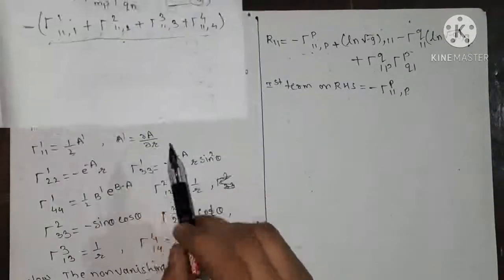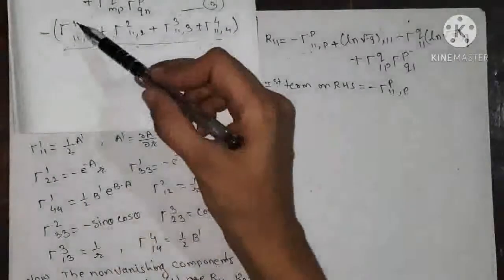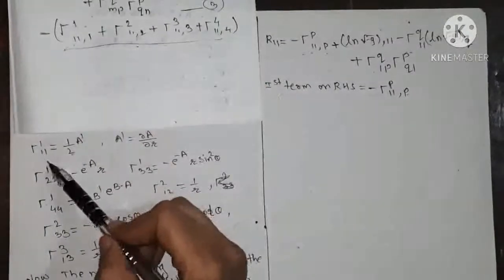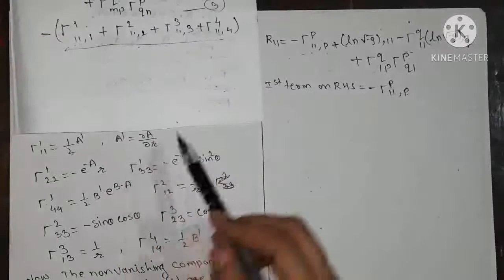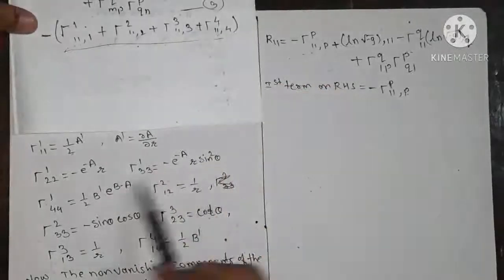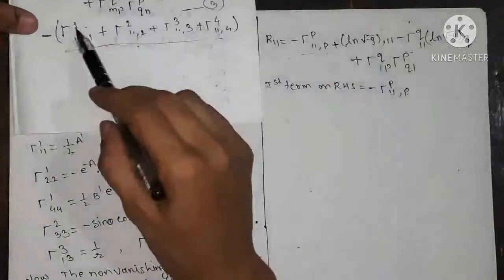By varying p over 1, 2, 3, 4, and from the non-vanishing Christoffel symbols, we have only gamma of 1 1 1 present. Gamma of 2 1 1, 3 1 1 and 4 1 1 are all equal to 0, that is, all vanishing. Nothing is present other than gamma of 1 1 1.